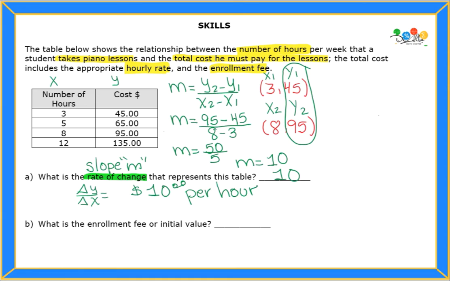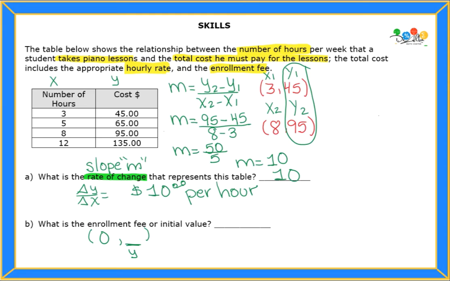Notice how there is an extra charge. The enrollment fee, that's an extra charge. Sometimes we call it the initial value. Okay? So initial value will be when x has a 0, and that will be my y value right here.